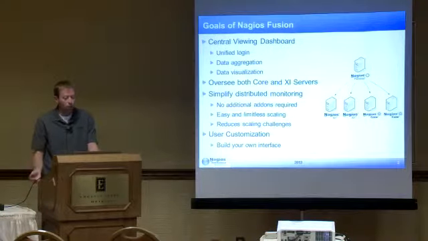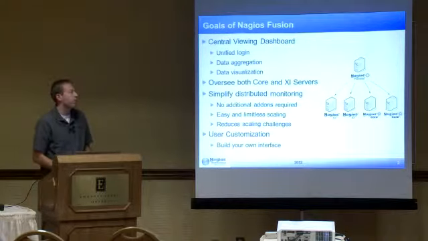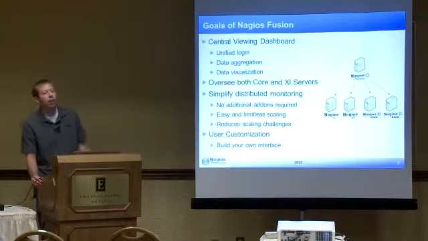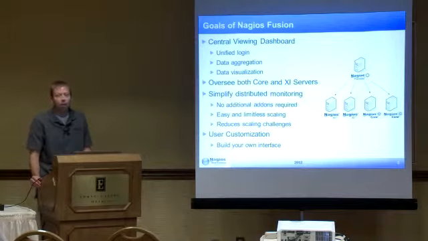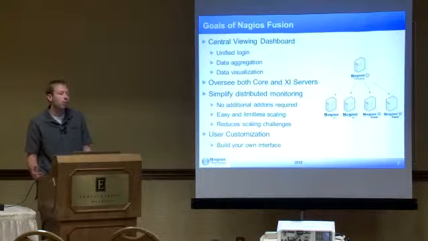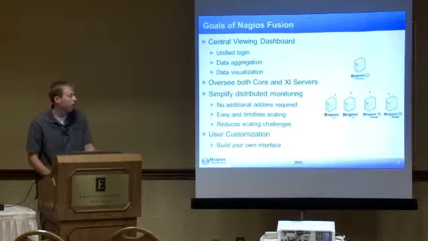As I mentioned, it works for Core and Nagios XI. Part of the goal of Nagios Fusion is to simplify the not-so-simple process of distributed monitoring. There are several different models that can be used for distributed monitoring with Nagios.